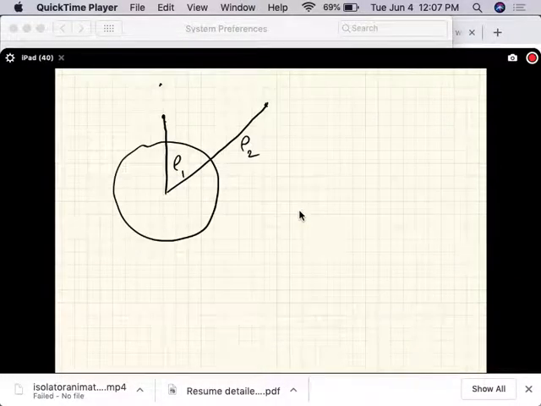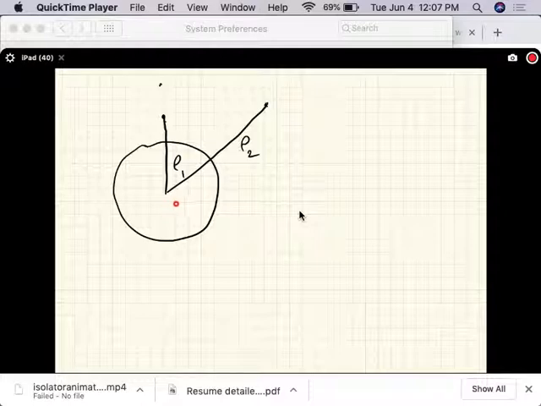Now what they're asking you is, what is the potential inside here? This is a conductor. What is the electric field inside here? The electric field inside is 0. So let's take rho 1 prime and rho 2 prime.